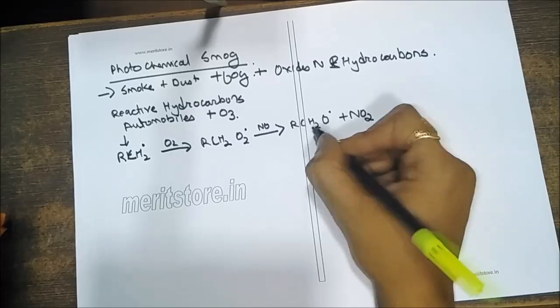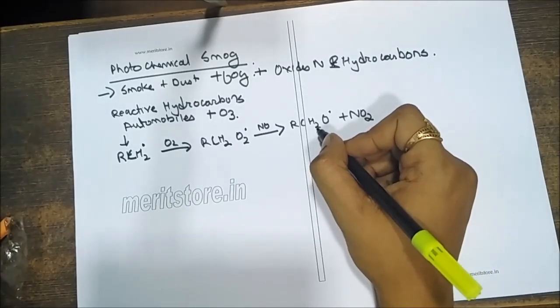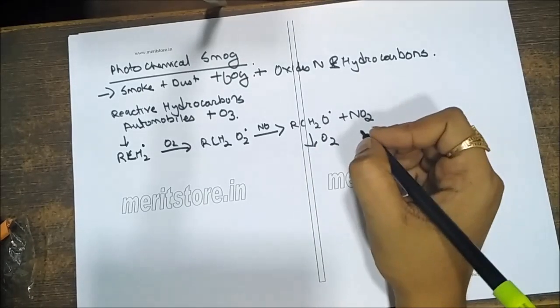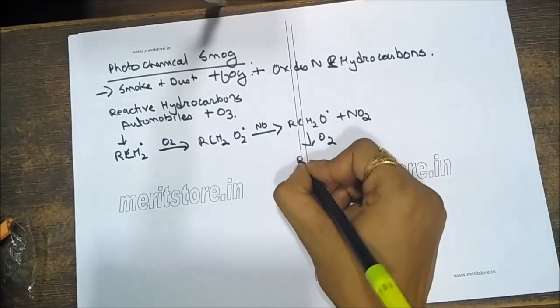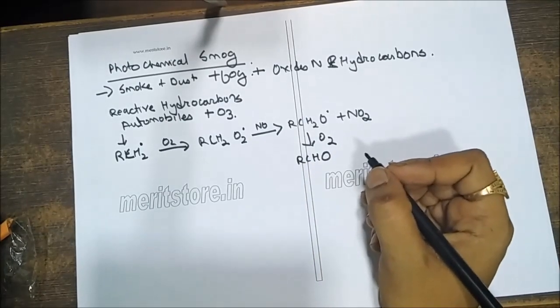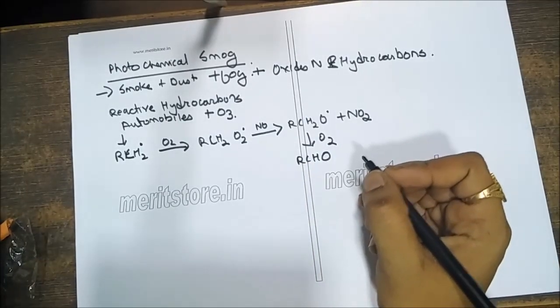Okay, now in this process, the NO is converted into NO2. This third free radical which is produced will react subsequently with oxygen, yielding an aldehyde, that is RCHO, and it is generating a hydroperoxyl radical.